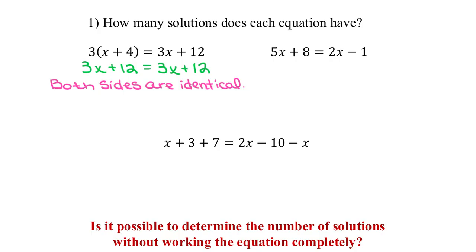The constant is the same. So, as Miranda said, if the left is completely identical to the right, it's infinite solutions. That is one of the tells in this, okay?